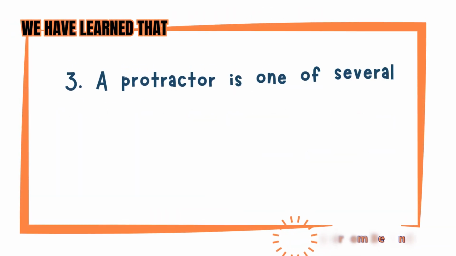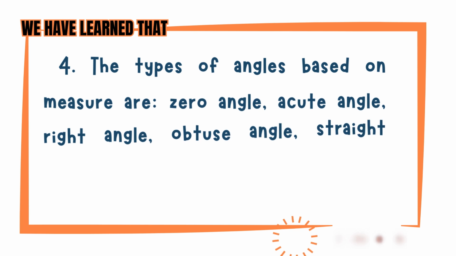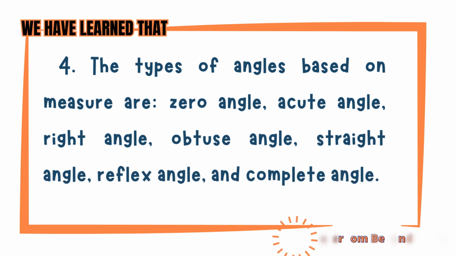Third, a protractor is one of the several instruments used to measure the size of an angle. Fourth, the types of angles based on measure are zero angle, acute angle, right angle, obtuse angle, straight angle, reflex angle, and complete angle.